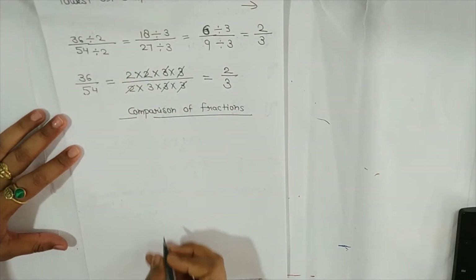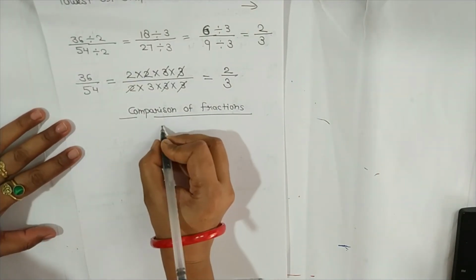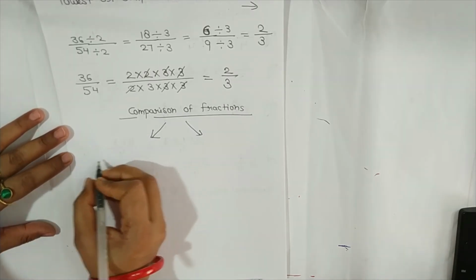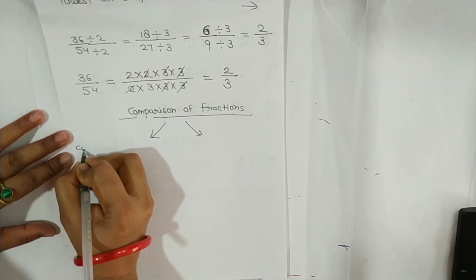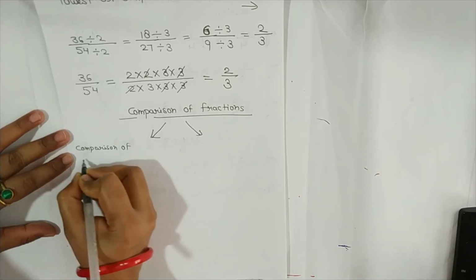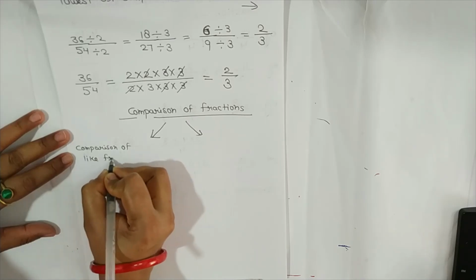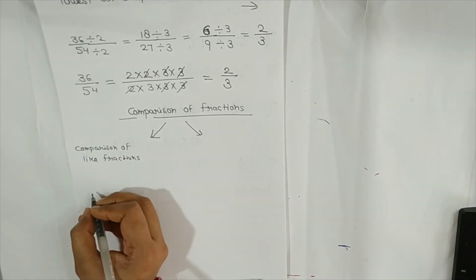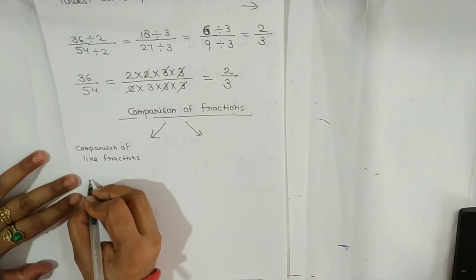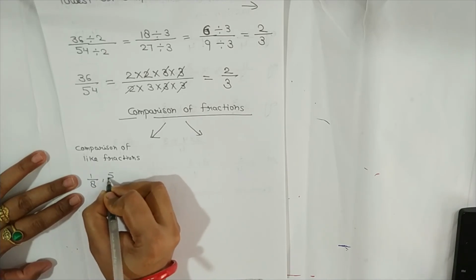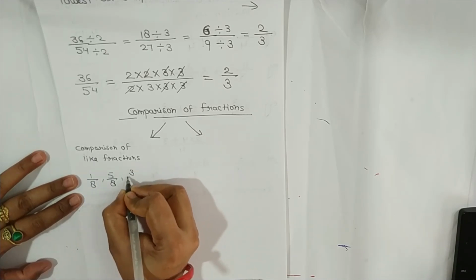Now the next topic is comparison of fractions. So there are two types of fractions, like or unlike. First we will learn comparison of like fractions. It will be very easy because we only have to compare the numerators. Suppose I am writing 1 upon 8, 5 upon 8, 3 upon 8.